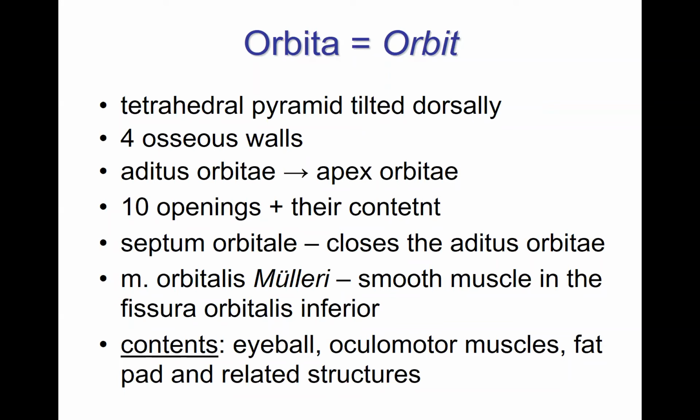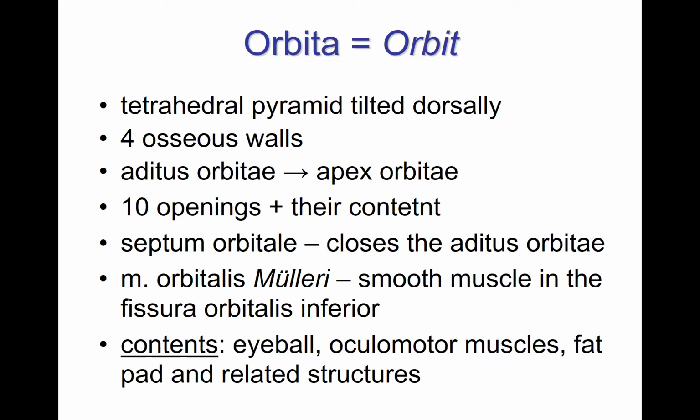That means the apex of the orbit, which is formed by the optic canal, faces dorsally or posteriorly, and the base of the tilted pyramid faces ventrally or anteriorly, and we call it aditus of the orbit.